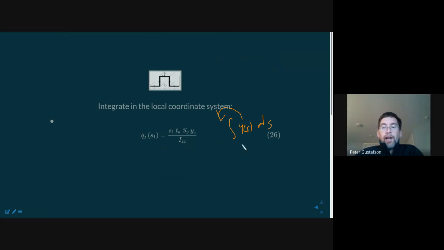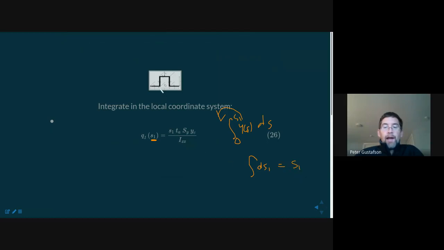And then we're just integrating ds from 0 to S1. So this is the shear flow as a function of S1. The integral of ds1 is simply equal to S1.